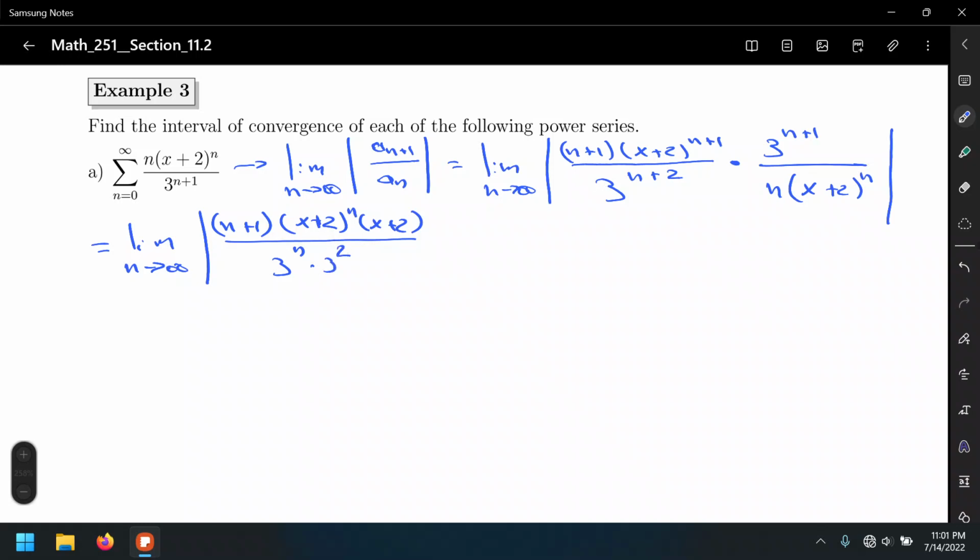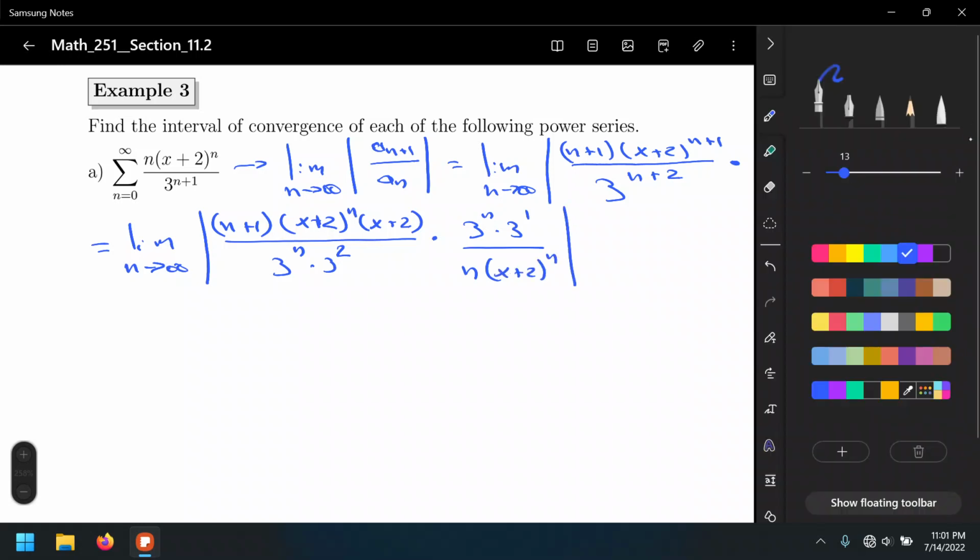I'm going to leave it as 3 squared for now. Of course, that becomes a 9, but you'll see what's going to happen anyway. And 3 to the n plus 1 is 3 to the n times 3 to the first, divided by n times x plus 2 to the n. From here, we may cancel a lot of stuff. You'll see.